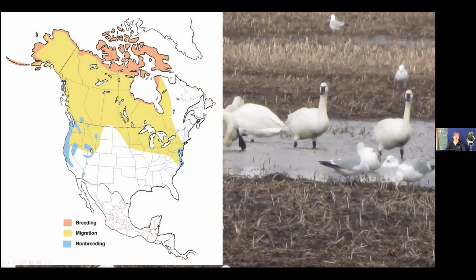So in their journey north to northern Nunavut and Northwest Territories, where they nest, this is where they breed. In order for them to make that journey from the States all the way up here, they have to stop occasionally, they have to feed, they have to rest.